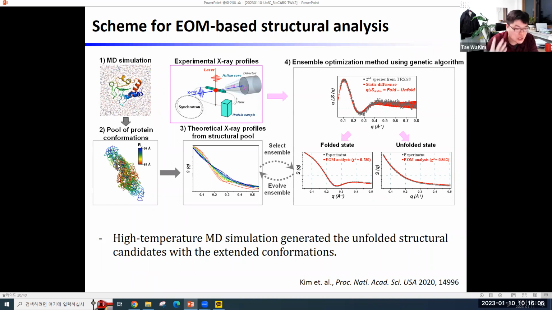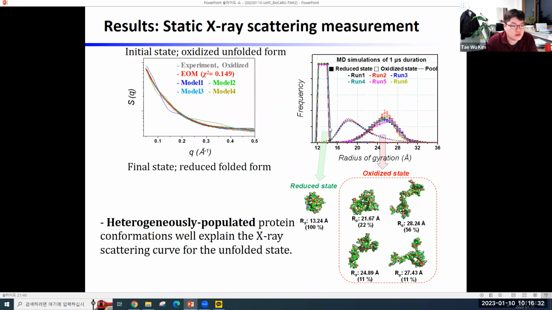We collect all the trajectories from there. All of those structures can be used for the theoretical calculation to make theoretical scattering curves like this. Based on those theoretical scattering patterns, we could do the additional analysis. I will show the actual result from that.